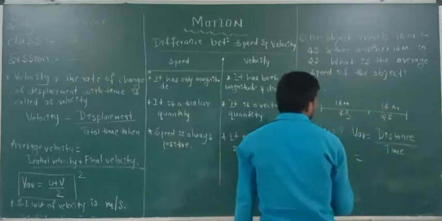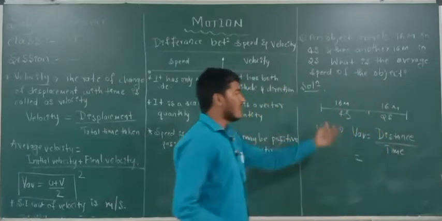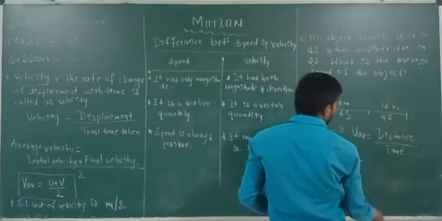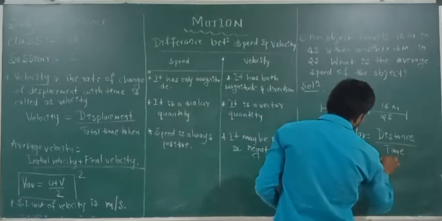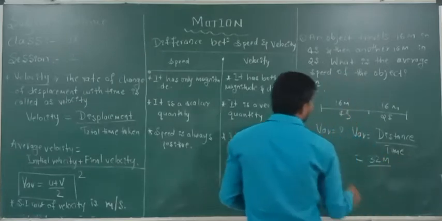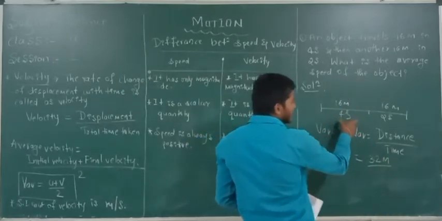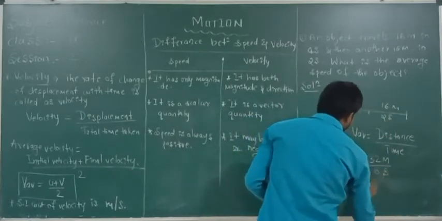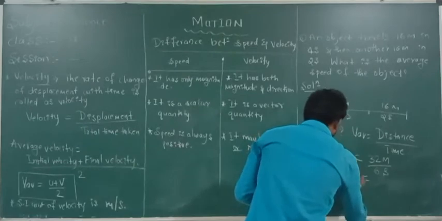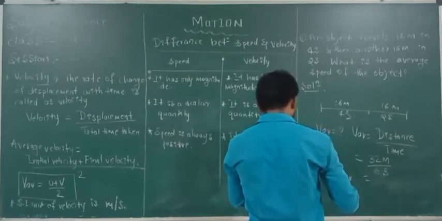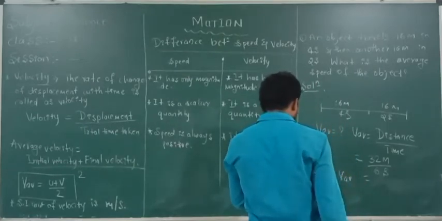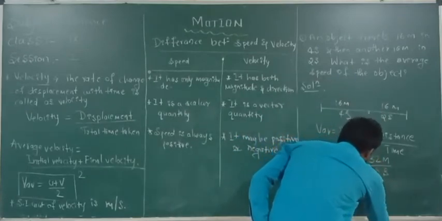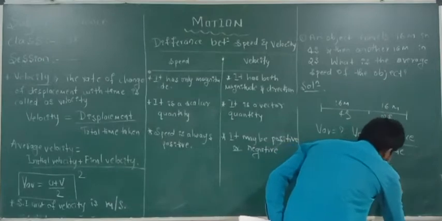The total distance traveled by the object is 16 meter plus 16 meter, that is 32 meter, divided by the total time taken, 4 seconds plus 2 seconds, that is 6 seconds. Therefore the average speed of the object, V_av, is equal to 5.33 meter per second.